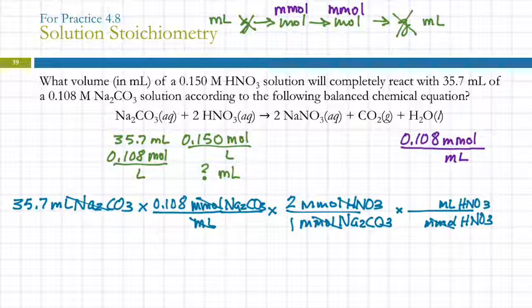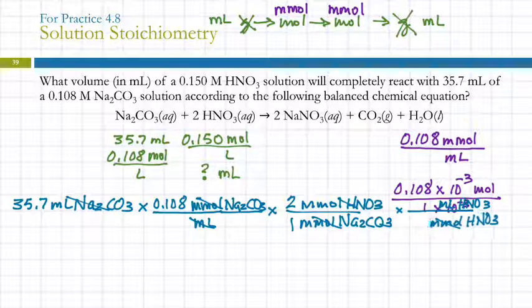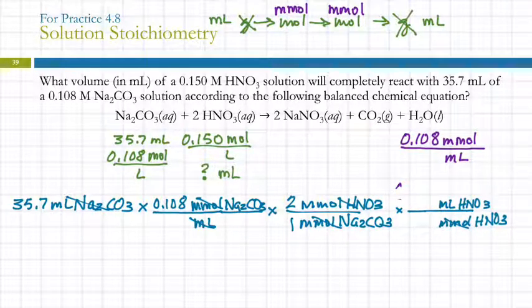I'm going to leave enough room. 0.150 millimoles for 1 milliliter of HNO3. I didn't have to calculate any molar masses because I used the concentrations and those were given to me.